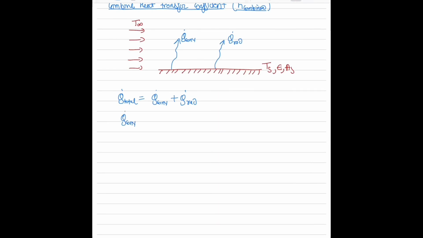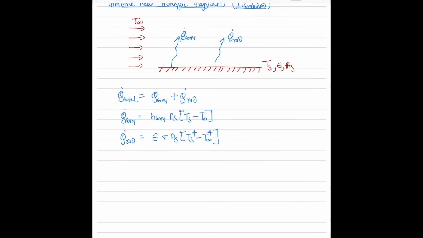From our previous study, Q convection can be expressed as h convection times surface area times (T surface minus T infinity), and Q radiation can be written as emissivity of the surface times the Stefan-Boltzmann constant times the area of the surface times (T surface to the power 4 minus T infinity to the power 4).